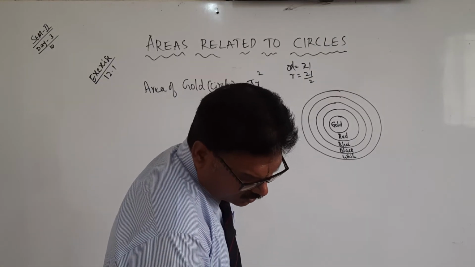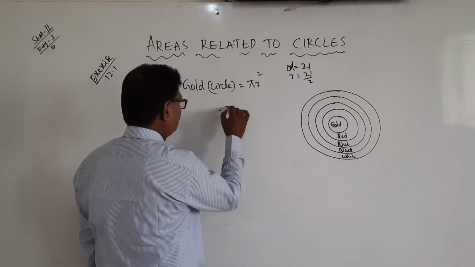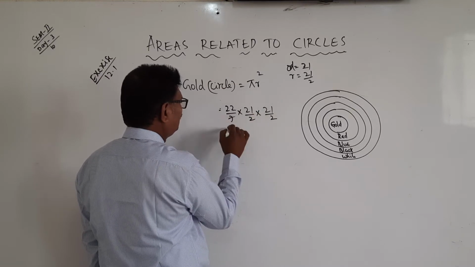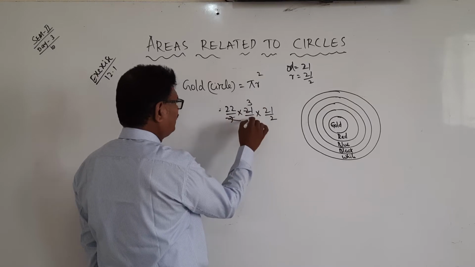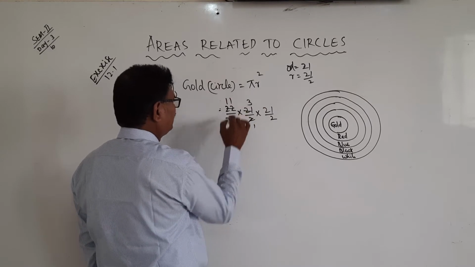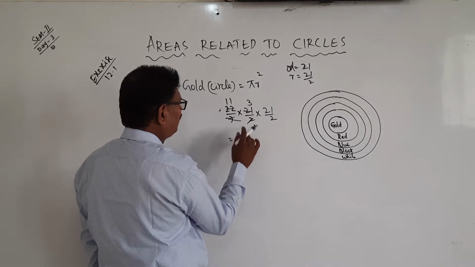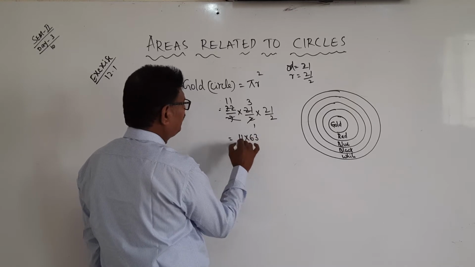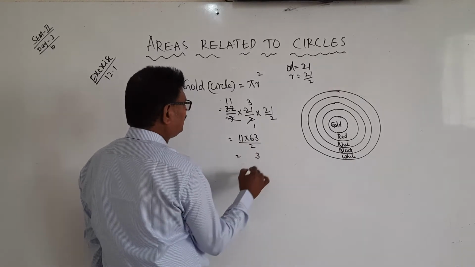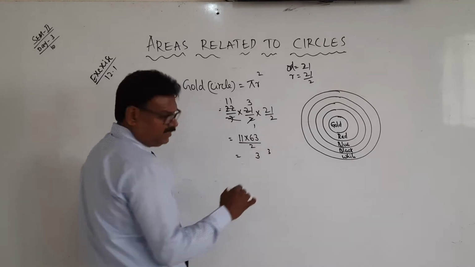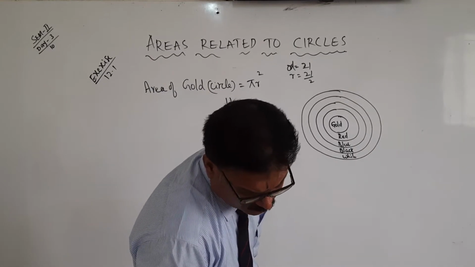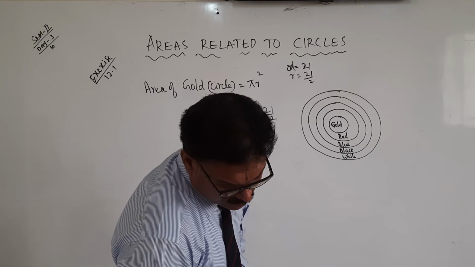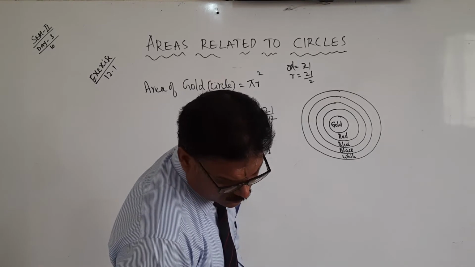So 22 by 7 into 21 by 2 into 21 by 2. 7 into 3 is 21, 7 into 3... 11 into 63 divided by 2, 11 into 3 is 33, 11 into 6 is 66.